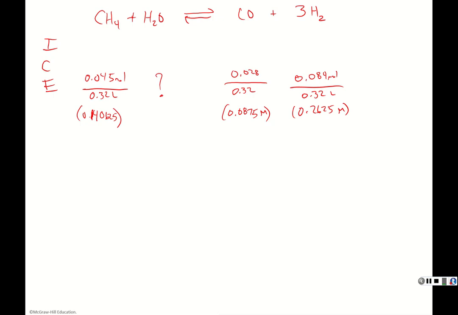We're also given a value of the equilibrium constant at 0.26. So this concentration, H2O, is going to be our variable x. We can write this expression for K sub C as just the concentration of products over the concentration of reactants.